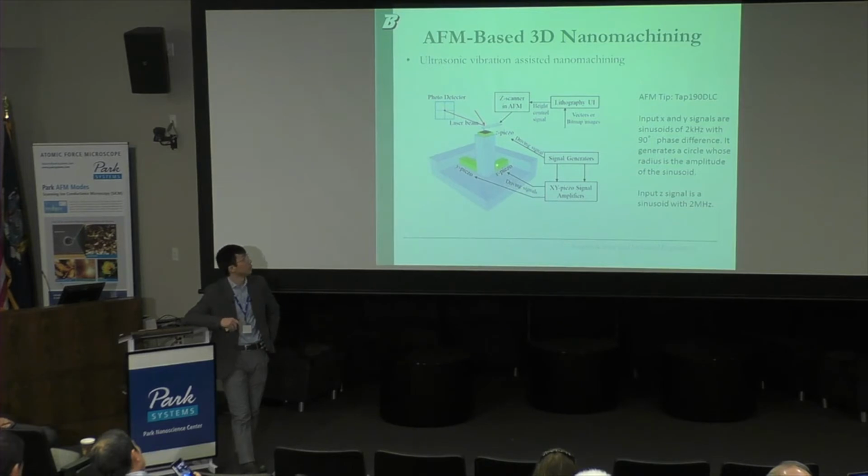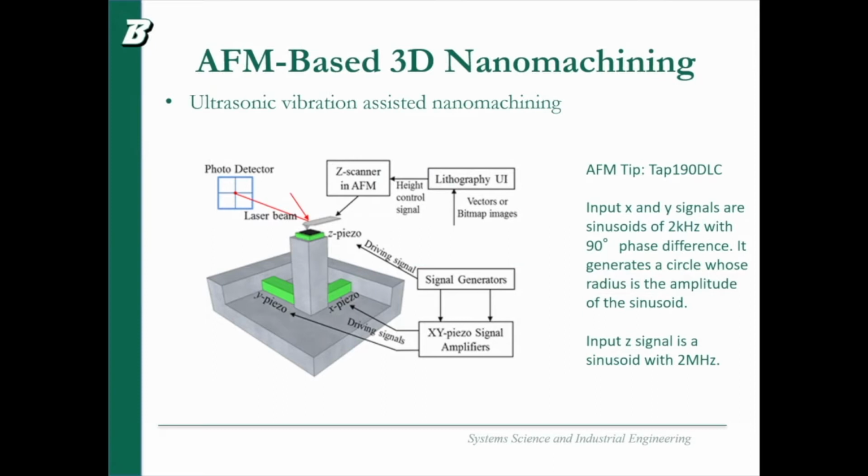So this is the setup we use to make the nanomachining process easier and high throughput. We integrate a customized nano vibrator, we call it nano vibrator, with a Park Systems XE series AFM. The AFM is commercial, but the vibrator is all fabricated in the lab.